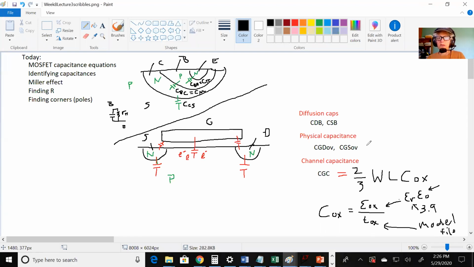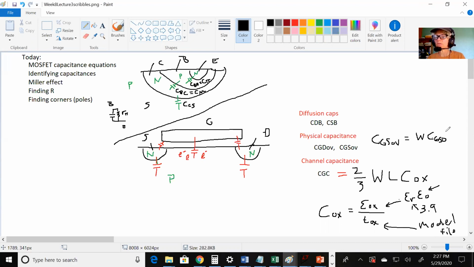Okay. Gate drain overlap and gate source overlap. Those are friendly equations too. Gate source overlap is W times CGSO.